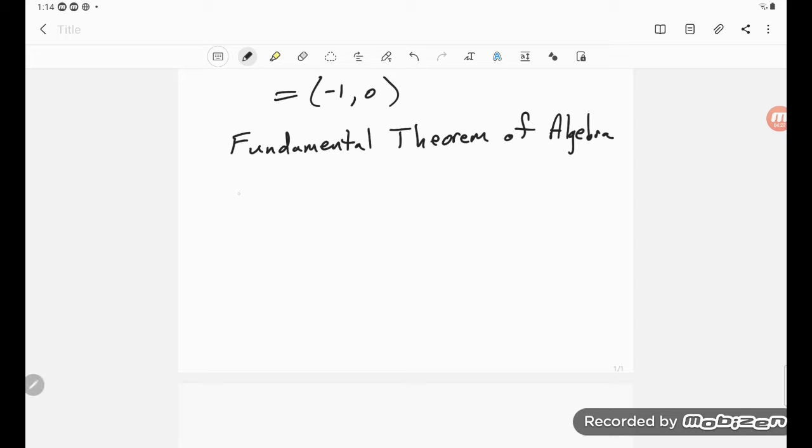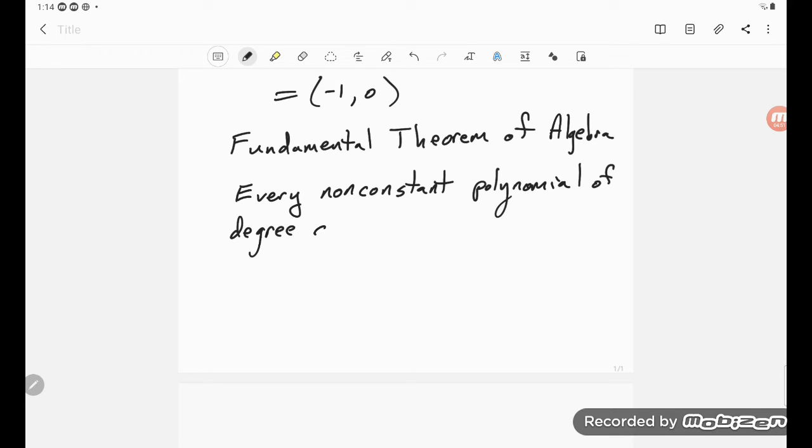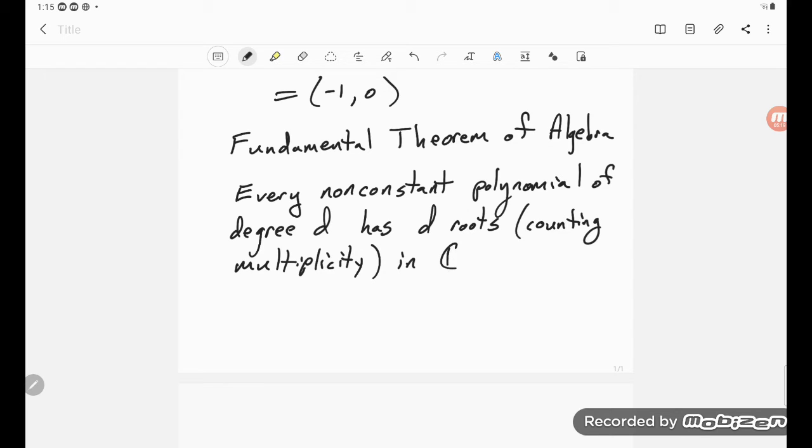And that is that every non-constant polynomial of degree d has d roots, and then they point out this is counting multiplicity, in the complex numbers C. And so that is a big deal.